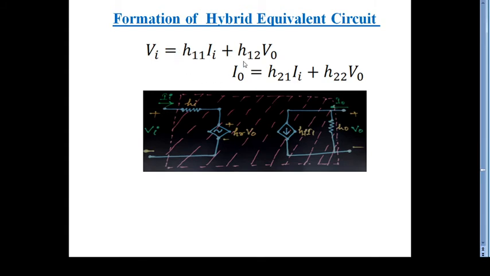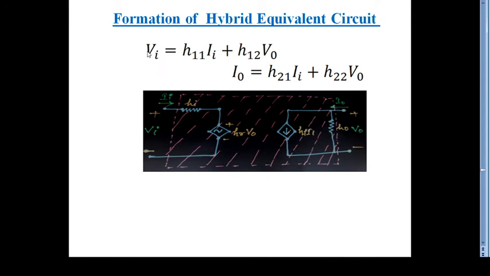Okay, now the second one, I naught, is H21 Ii. Okay, H21 is your forward transfer current ratio, H21 Ii, plus H22 into V naught, the admittance.